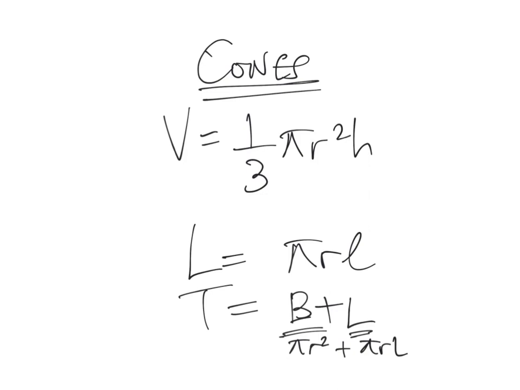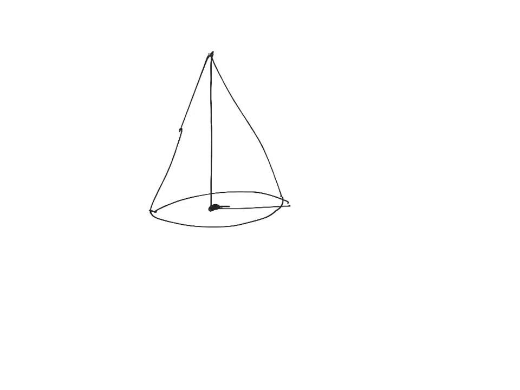As you're solving problems with cones, remember we've talked about Pythagoras theorem. When you have a cone, you might be given the height, and if you know what the radius is of the circle at the base, then you can find the slant height.